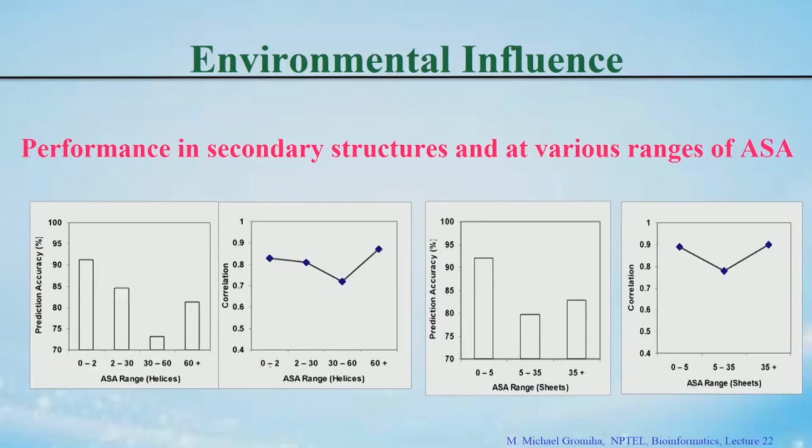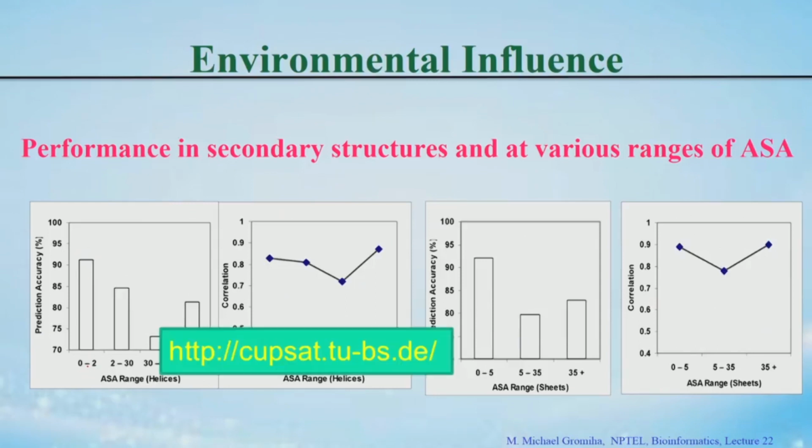We classify the ASA in different ranges, 0 to 20, 20 to 30 and so on. These numbers also we made a classification in such a way that the data can be related with the stability with the highest performance. So, accuracy is about 90% if it is buried. Even in the case of beta strand, if it is buried, then you can see it more than 90%.